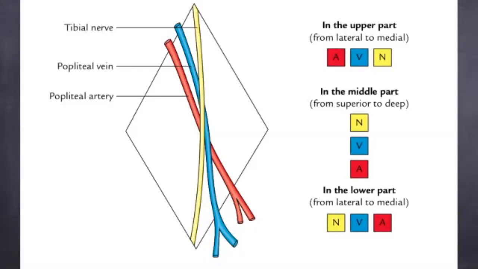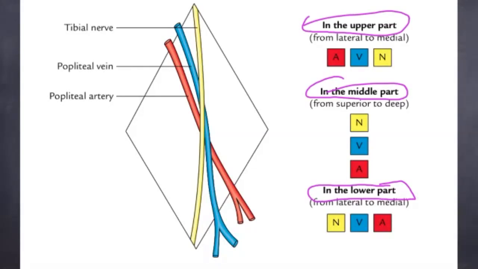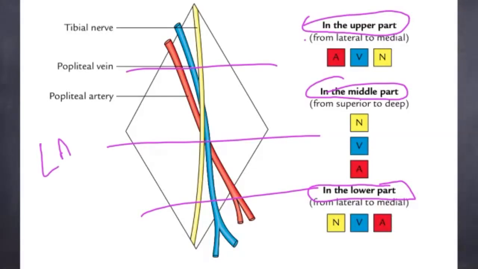You see why this obliquity is important: in the upper part, the middle part, and the lower part, the relations are changing. In the upper part, from lateral to medial, this one is lateral and this one is medial: artery, vein, nerve.